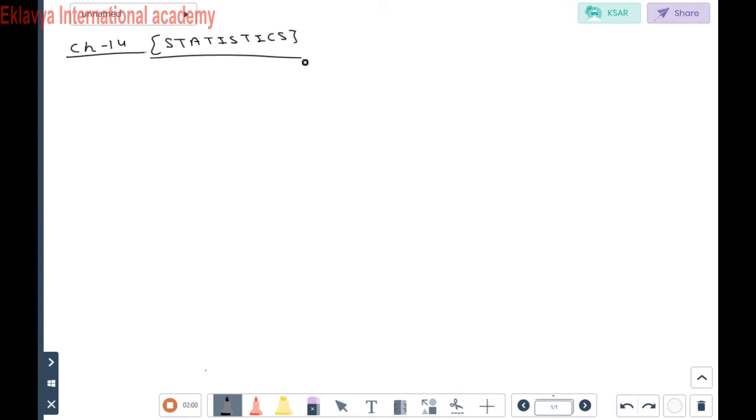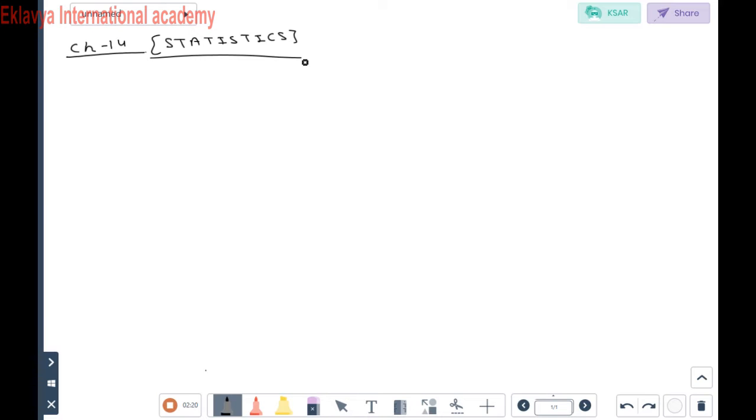Then, how we will represent the given information in graphical form. Then at last, what are the central tendencies. In central tendencies, we will discuss the mean, mode and median. That is all about chapter 14.